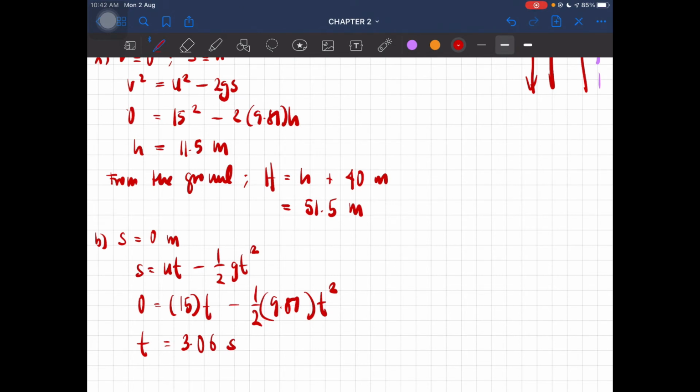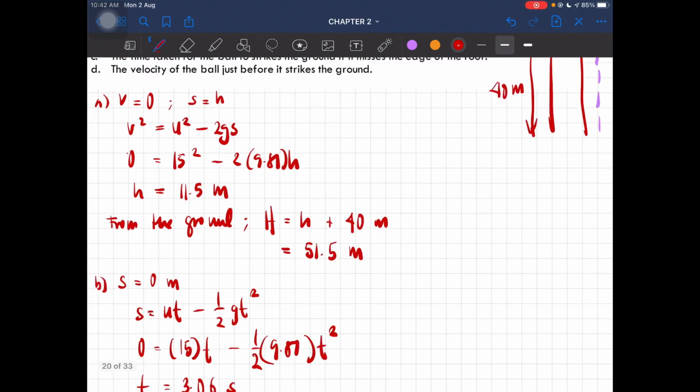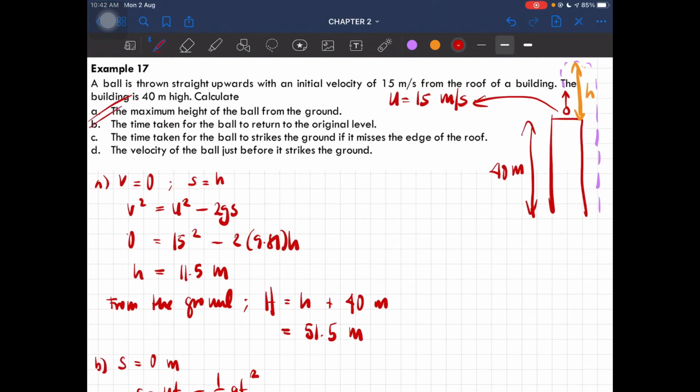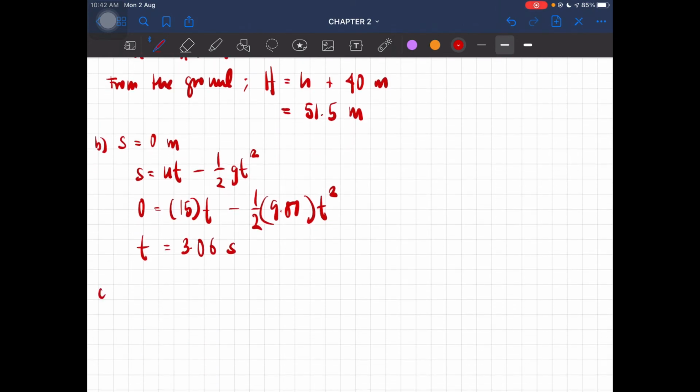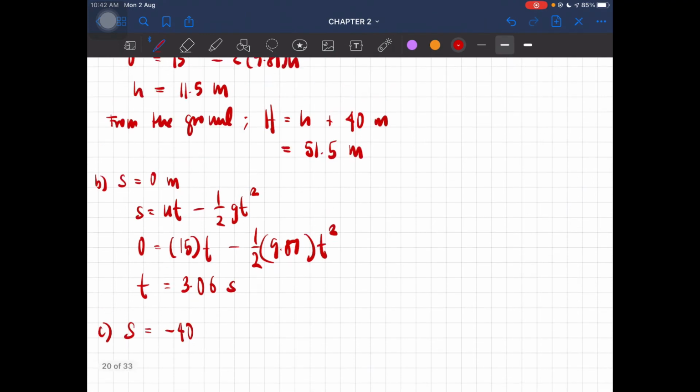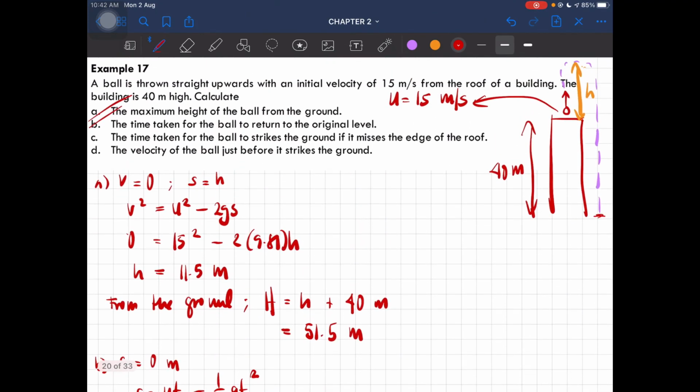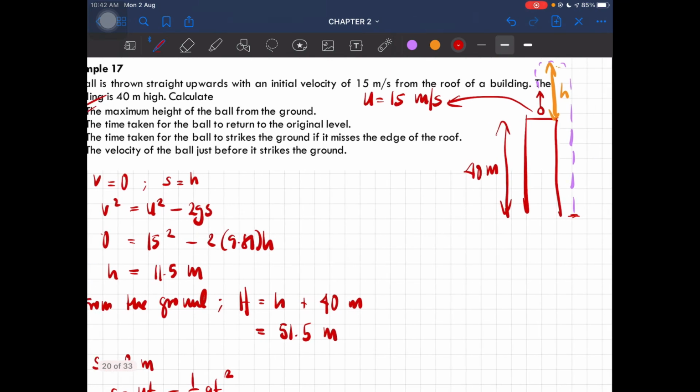Okay? Next, they ask us to find the time taken for the ball to strike the ground if it misses the edge of the roof. So it means how long it takes to reach the ground without hitting the roof. So what we can do is let s equal negative 40. Why negative 40? Because we are looking from the ground. So okay, it strikes the ground.